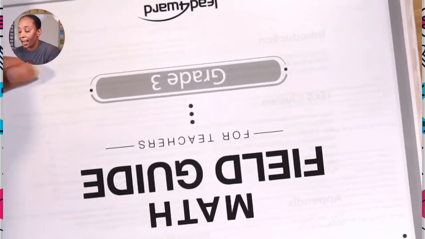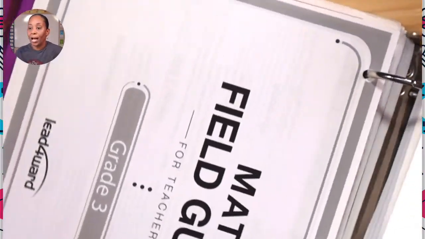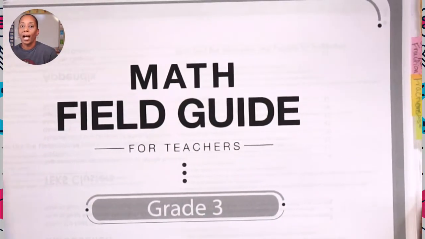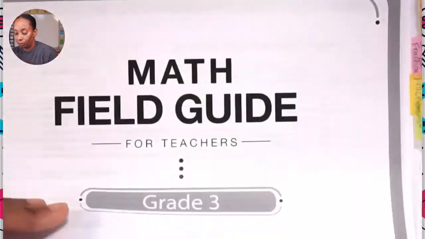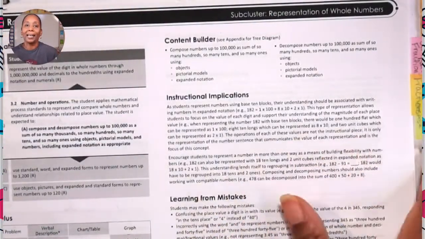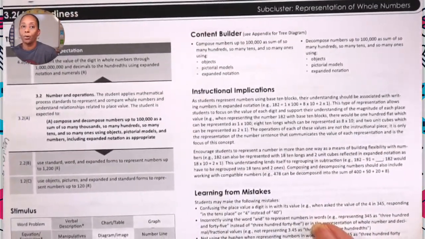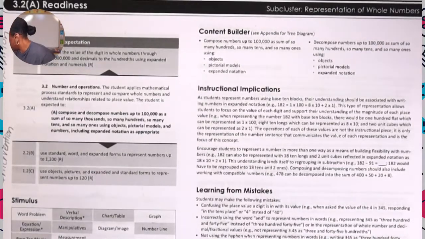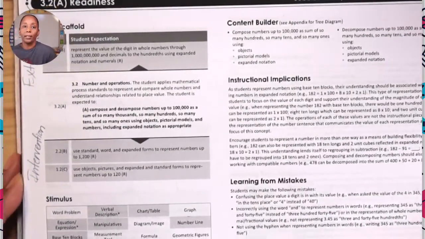And then I had my math field guide. And you're probably saying, well, what is a field guide? A field guide tells you, and I've written in this, it's a guide. So it has the vertical alignment in it, as you can see. Move that out the way.